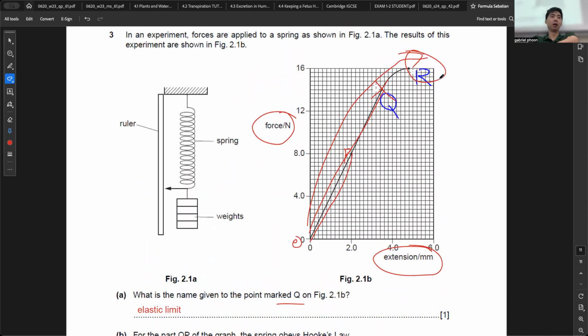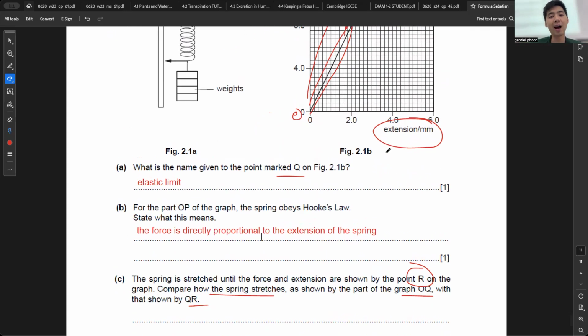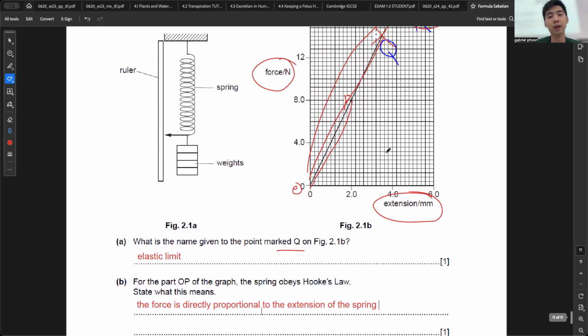Point O to Q stretches within the elastic limit and obeys Hooke's law, while QR is beyond the limit, which won't return to its original shape after extension. That is not a wrong statement, but I don't think it answers the question. You're supposed to mention how the extension is going to be.